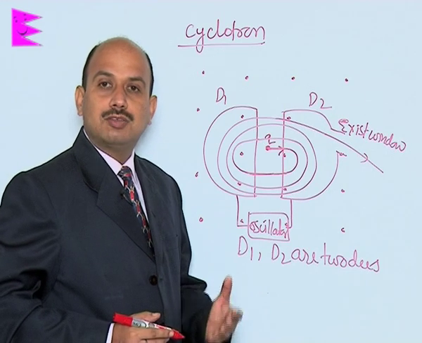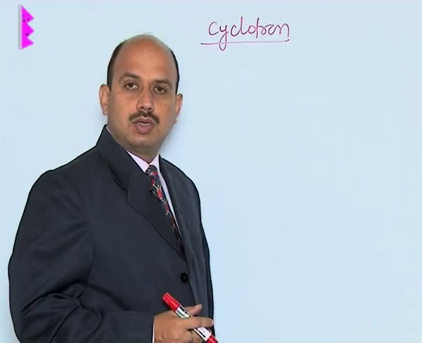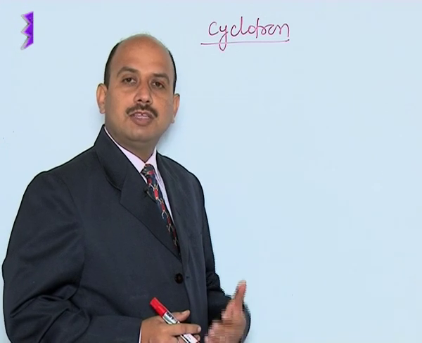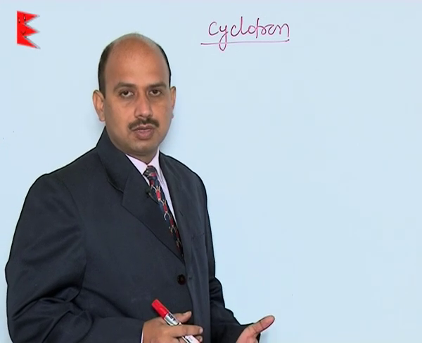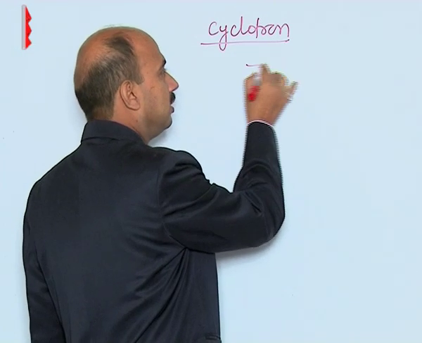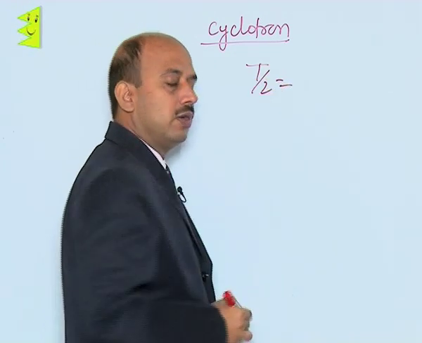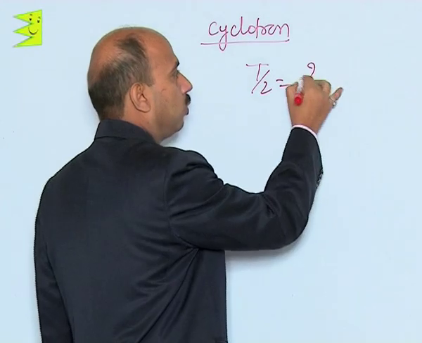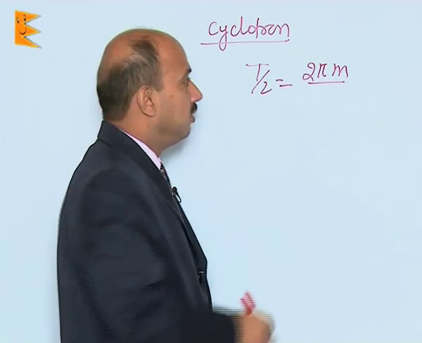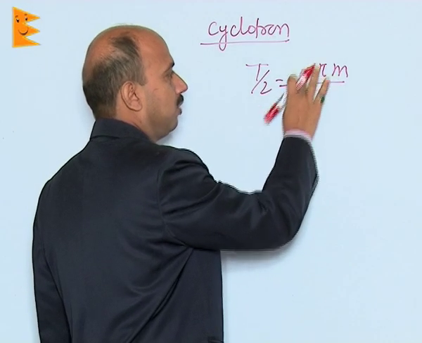So now let us see its mathematical concept. When the charged particle is moving in the semicircular path inside one D, its time period can be written: T by 2 is equal to pi m upon QB for the semicircular path.